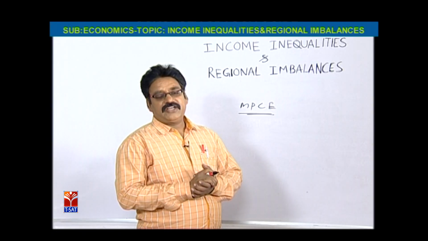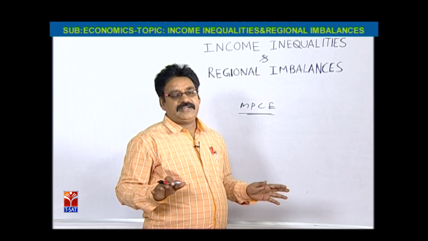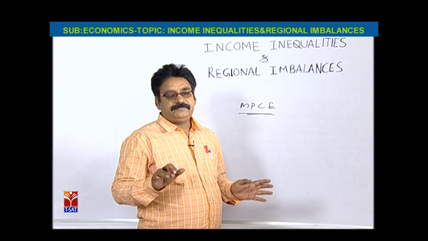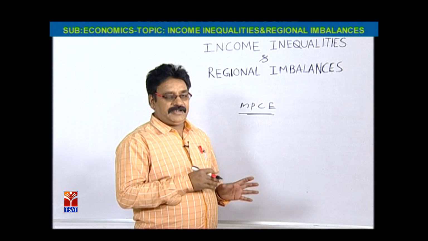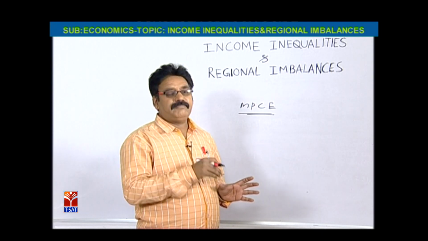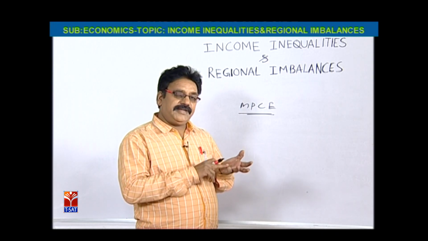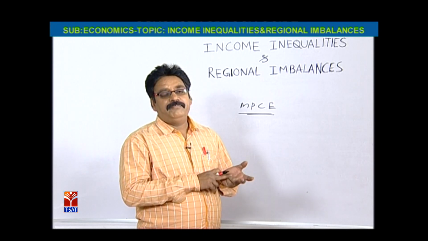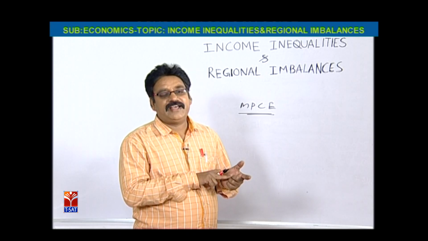One and only aim of the government is to first eliminate the poverty from the rural area by providing employment. To provide employment, these are the programs: Integrated Rural Development Program, National Rural Employment Program, Rural Landless Employment Guarantee Program.